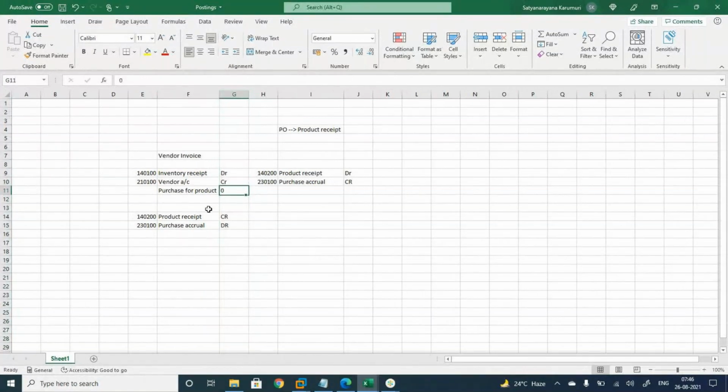Now, if you update temporary accounts at the time of product receipt, they will be reversed at the time of invoice. Then 5 lines will be posted.